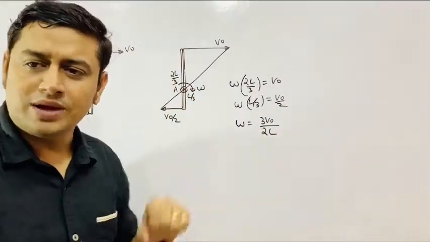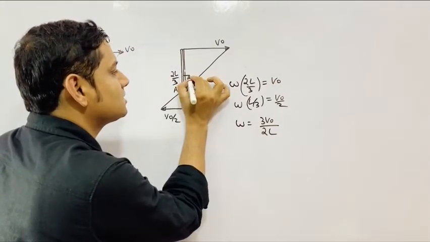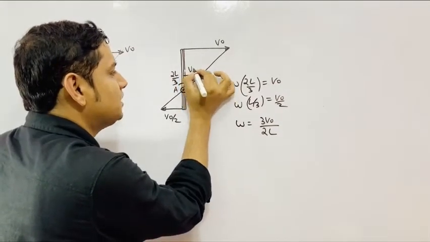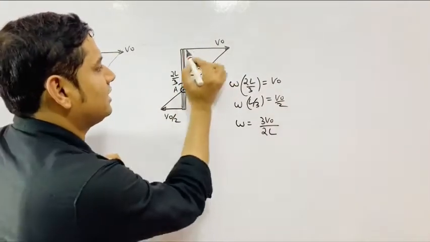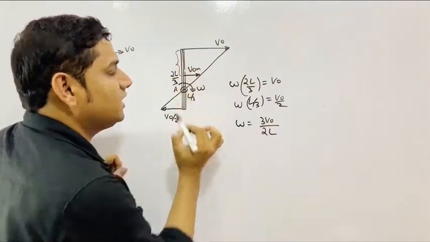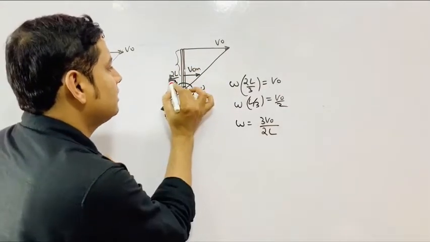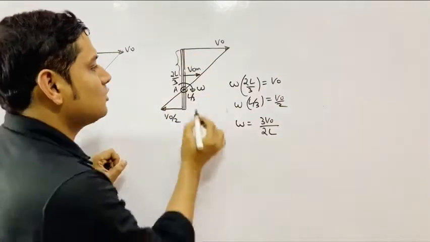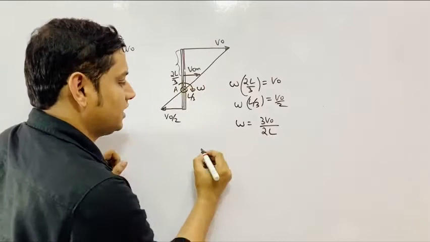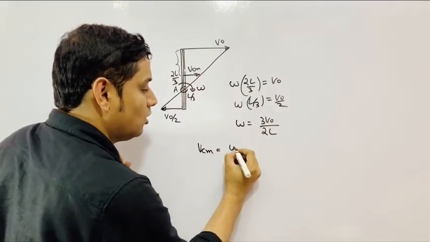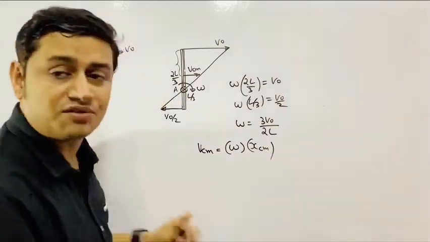Once you get omega, you can get the speed of any point. Now the question is, what is the speed of the center of mass? From the topmost point to the center of mass is L by 2, and from the topmost point to the axis of rotation is 2L by 3. So what is the distance of the center of mass from the axis of rotation? VCM would be equal to omega into the distance of the center of mass from the axis of rotation.